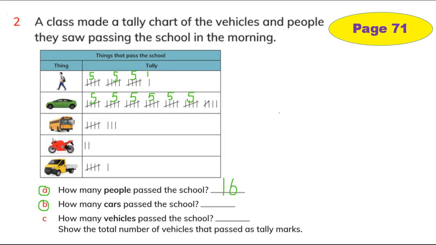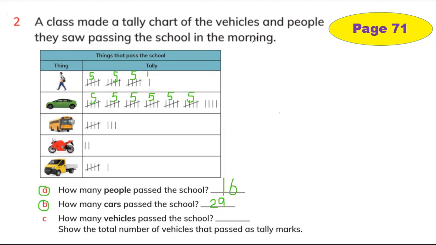Then there are no 5s. I could not see the cross line, so it should be 26, 27, 28, 29. So 29 cars passed the school.